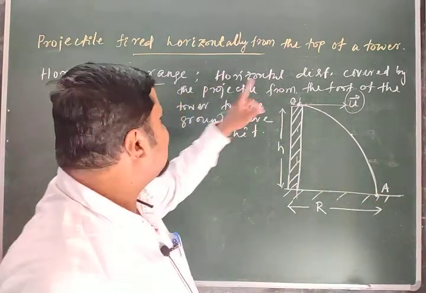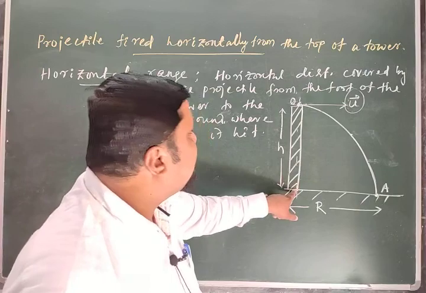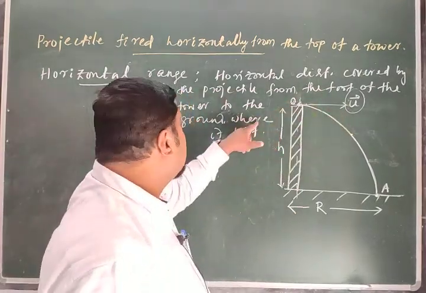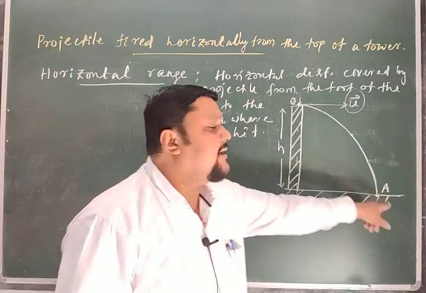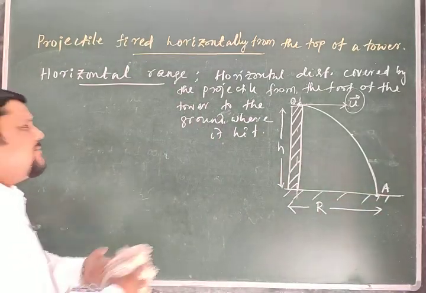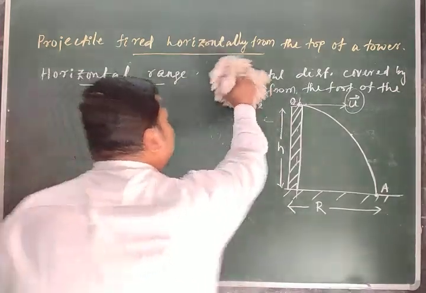So the horizontal distance covered by the projectile from the foot of the tower where it is projected, to the ground where it hits, that distance we will calculate. Okay, so let me write the values that we will take.